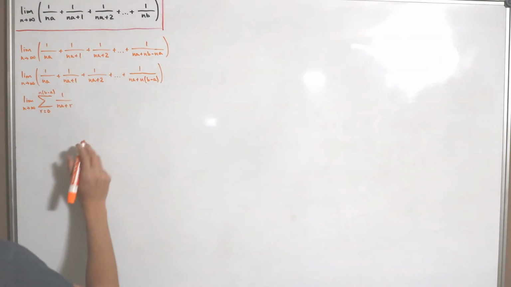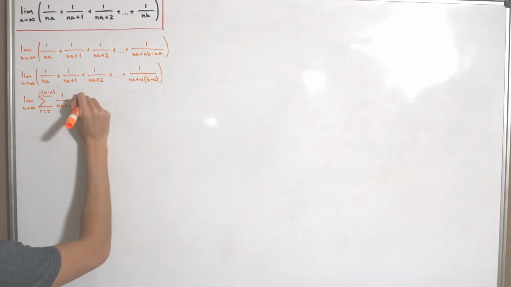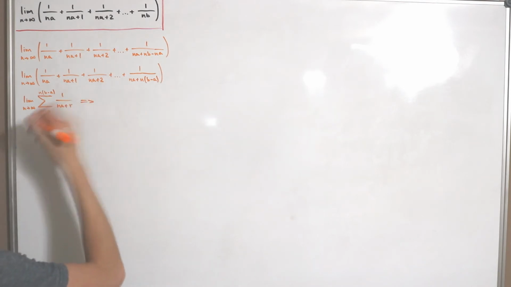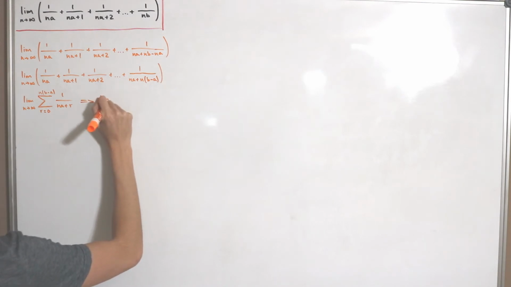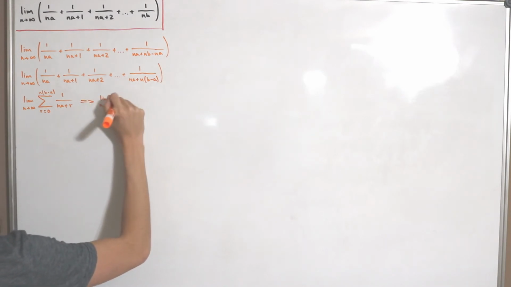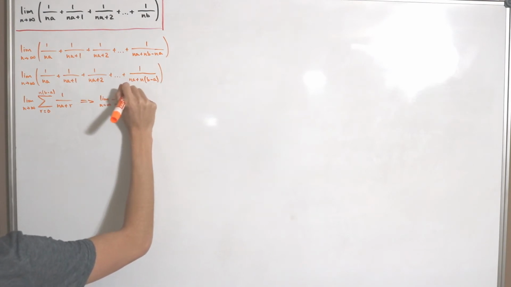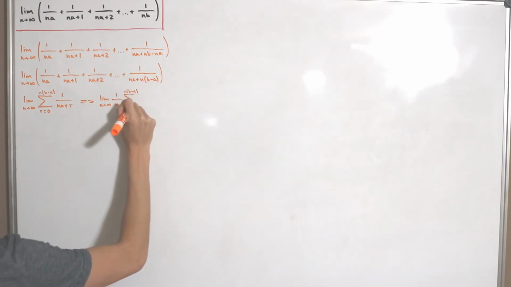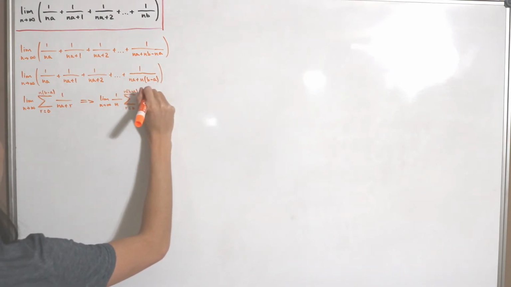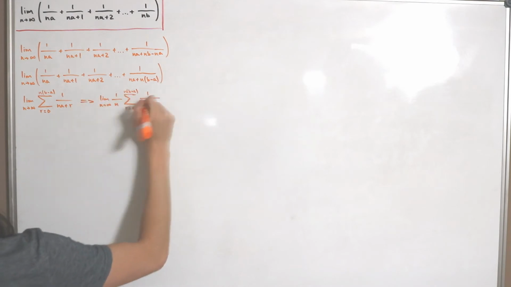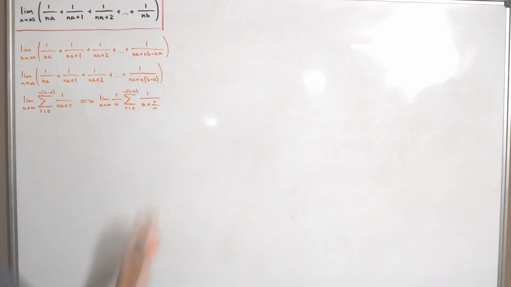What I can do is divide n from our sum and move that outside, since this sum does not depend on n, it depends on r. So when I move that outside, I'll get 1 divided by n of our partial sum, with r equal to 0 up to n times b minus a, of 1 divided by a plus r divided by n.